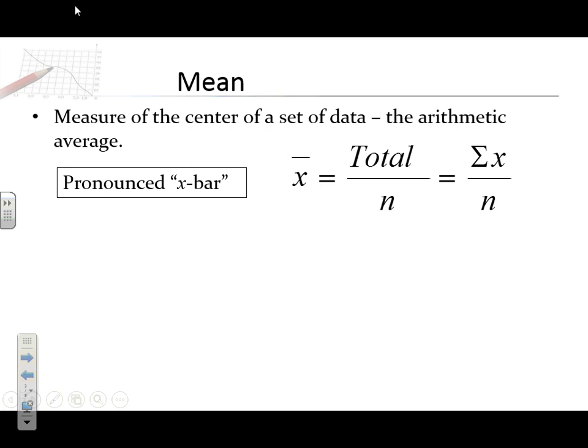So when you see the sigma symbol, it just says sum. So add those values up, divide by the total number of observations. n is going to be a pretty generic letter that we use for the number of observations, the number of individuals in a set. Okay? So you're looking for this formula when you want to calculate mean. Alright?